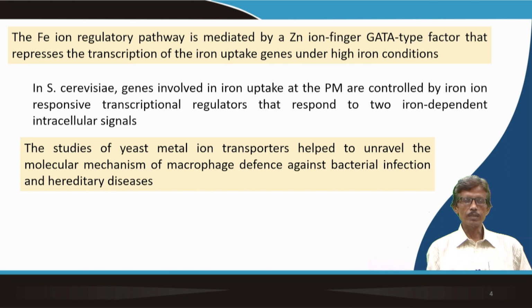For yeast, we have seen earlier in many previous classes that yeast is a very good model example of a fungus. The yeast metal ion transporters basically help to unravel the molecular mechanism of macrophage defense against bacterial infection and hereditary diseases.